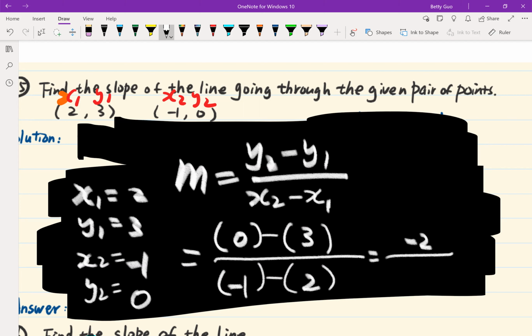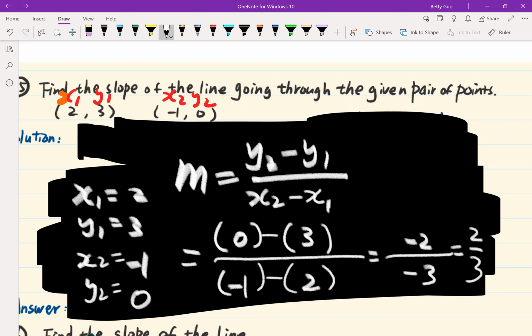The good news is for the first test only, you don't use a calculator. What is -1 minus 2? -3. If the numerator is negative and the denominator is negative as well, is the quotient positive or negative? Both top and bottom are negative, so the quotient is positive. 2/3, okay?